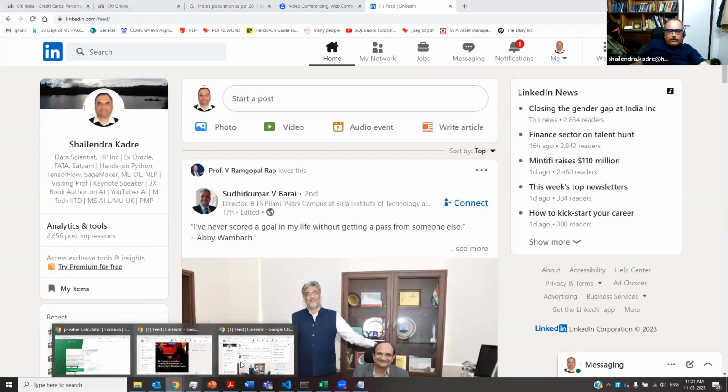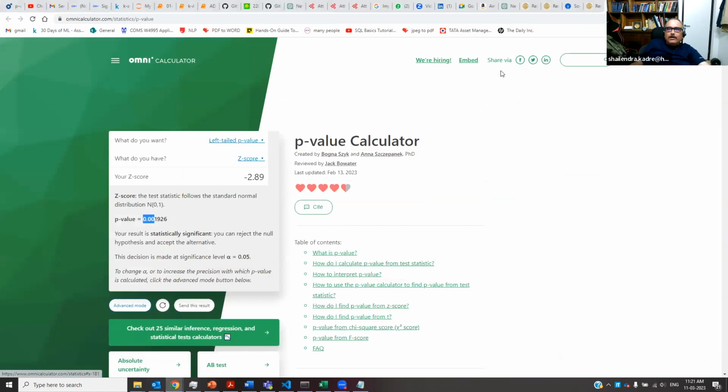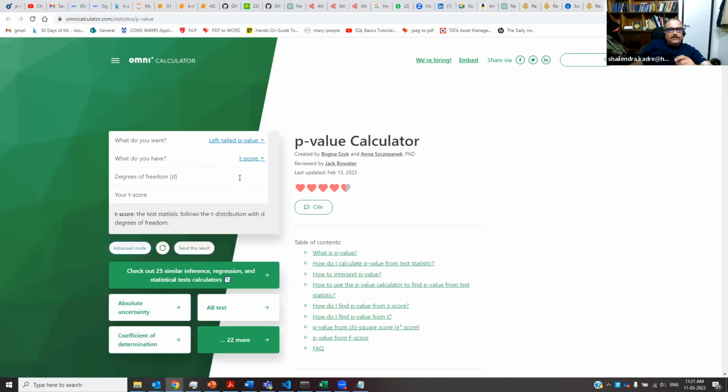I'll take you to that calculator. Here there are three options: two tail test, left tail test, right tail test. We'll use the left tail test. Now you don't have a Z score, you have a T score. So calculate the T score.